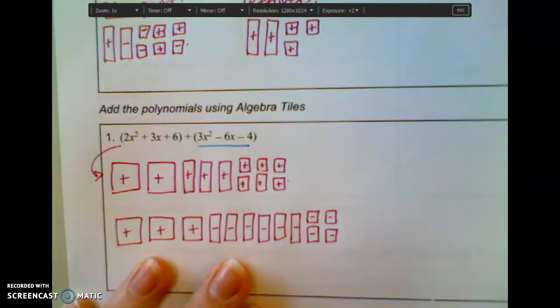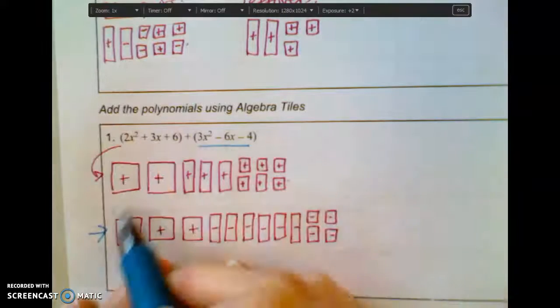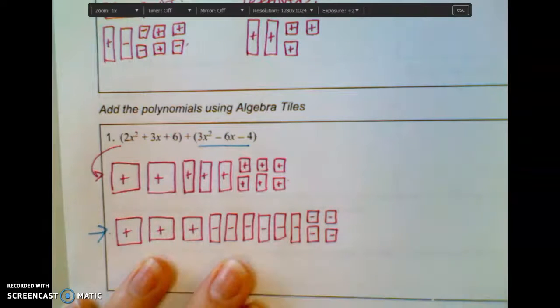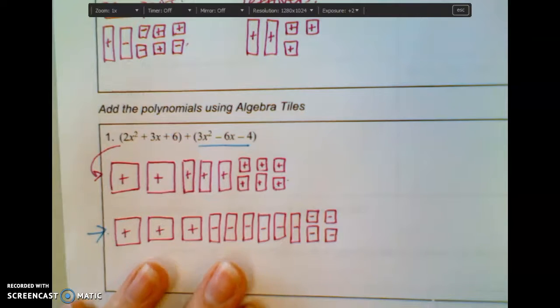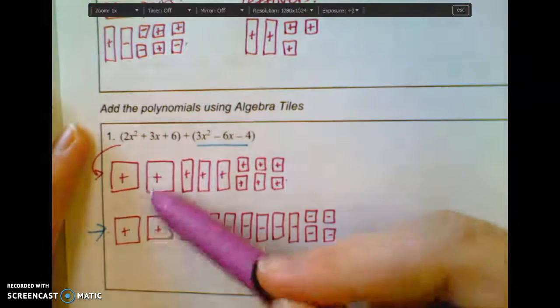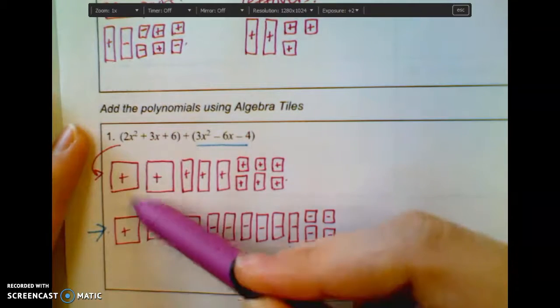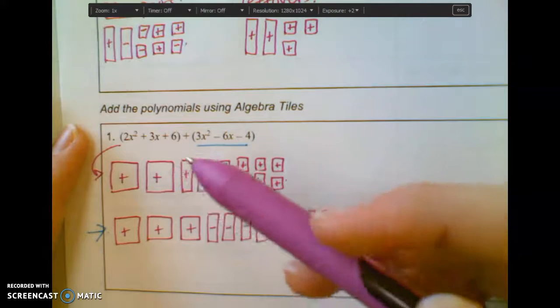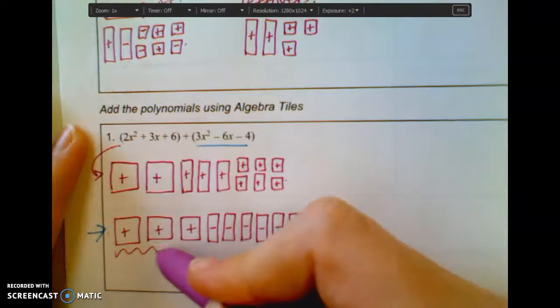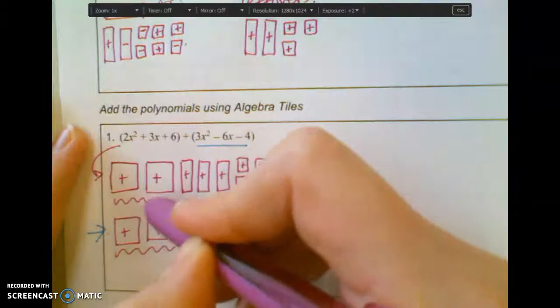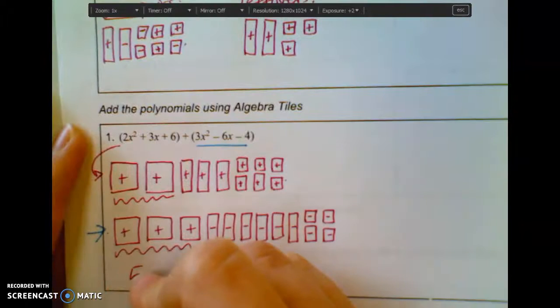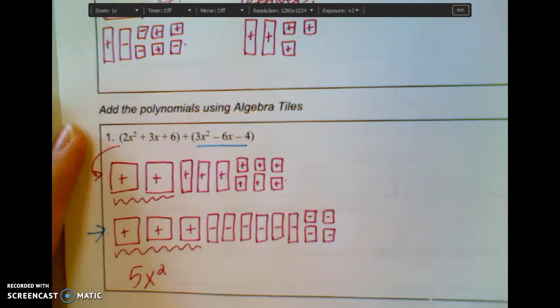Okay, and this is that one, 3x squared minus 6x minus 4. Well, what we do next is talk about 0 pairs. Remove the 0 pairs. I don't see any 0 pairs with the x squareds because they are all positive. So I'm going to go ahead and add those up. I have 3 positives here, 2 positives there, so that gives me 5x squared.